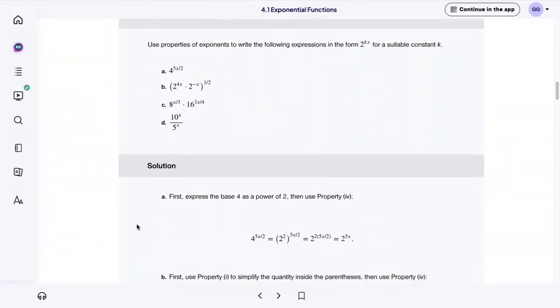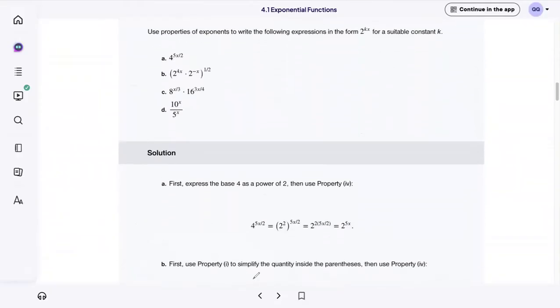So the laws of exponents, let's see these examples. Here we have 4 raised to 5x divided by 2. We can rewrite this with base 2, because 4 is 2 squared.